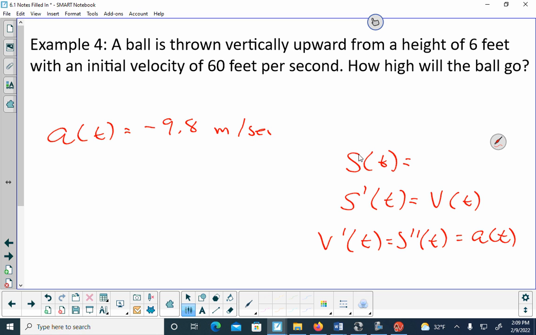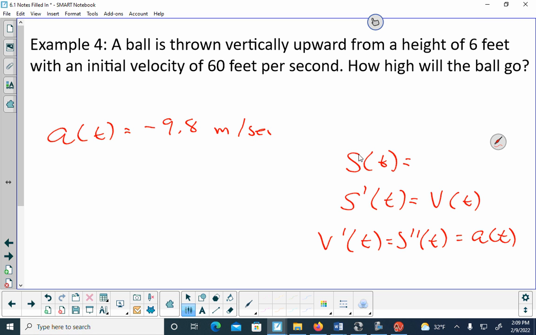So basically, they gave me the second derivative of my position function. Are you with me? I'm going to go back and find my position function based on the acceleration and the information that they gave me. So I want to find the antiderivative of negative 9.8, a constant.